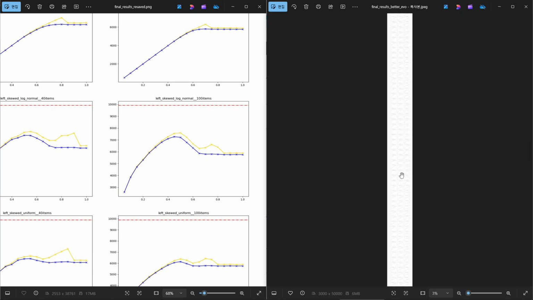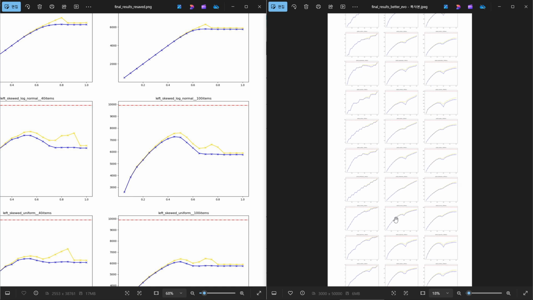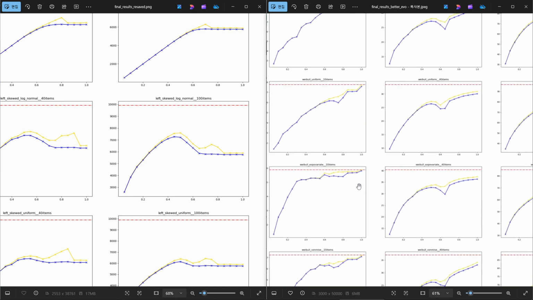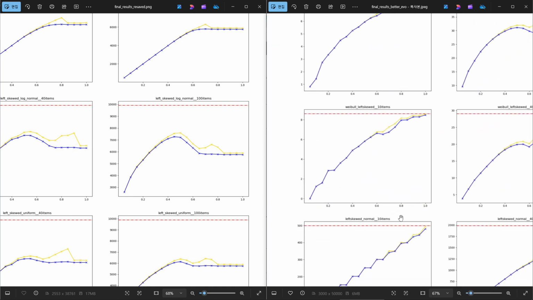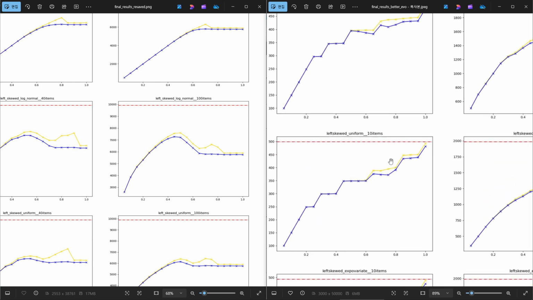Why do I keep doing that? Left skewed uniform.